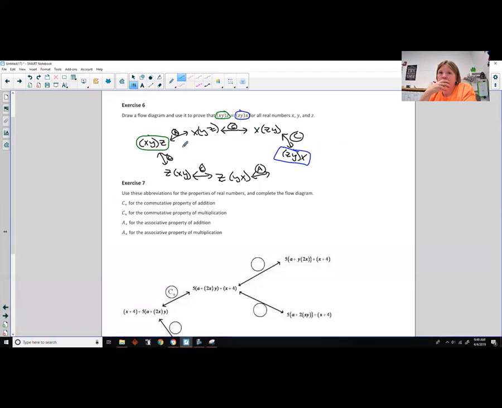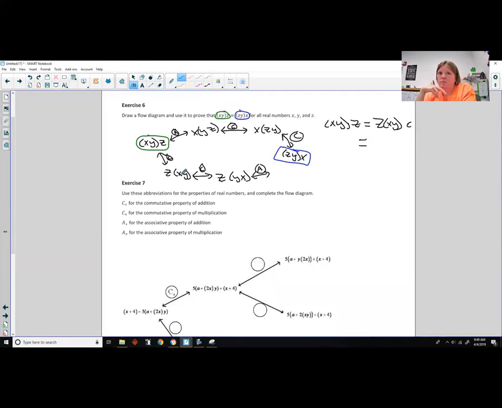So if I wanted to write this as a proof, I can go in either direction. So I can say (x, y), z equals z, (x, y). And that is just moving that over here. That's the commutative property.